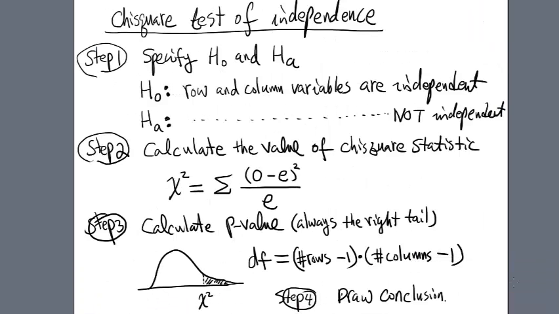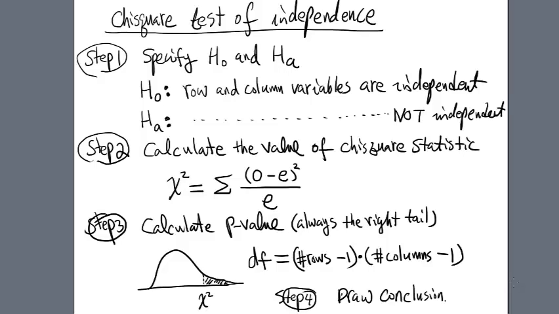The general chi-square test of independence is outlined here. In step 1, you specify the null hypothesis H0 and alternative hypothesis HA. H0 takes the form that the row variable and column variable are independent. The alternative hypothesis takes the form that the row and column variables are not independent.